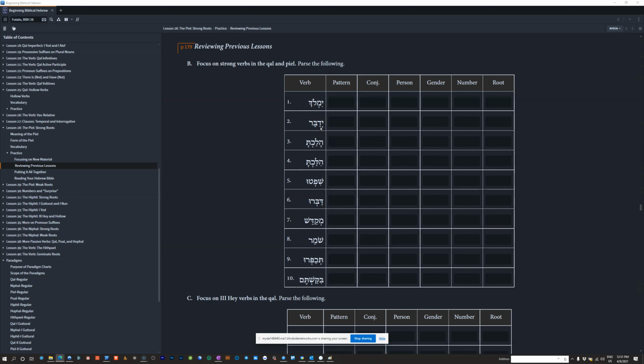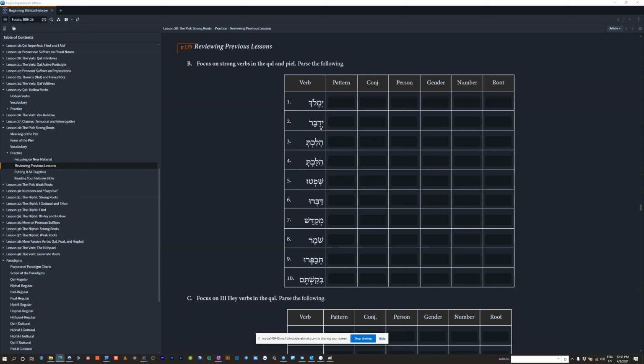The first one is baka, and we've added a consonantal suffix. When you add a consonantal suffix to a third hey, that third hey is going to shift to a hireq yod. So this is baka with a new suffix, Qal perfect 1cp of baka.